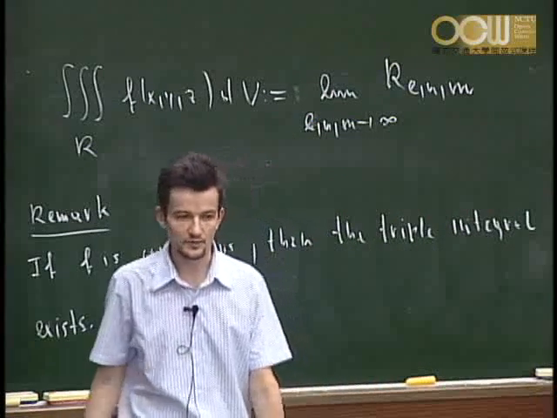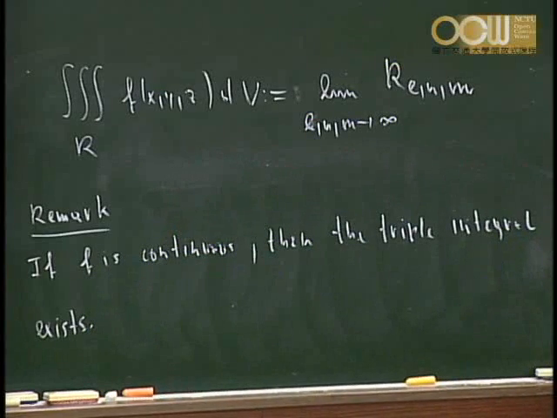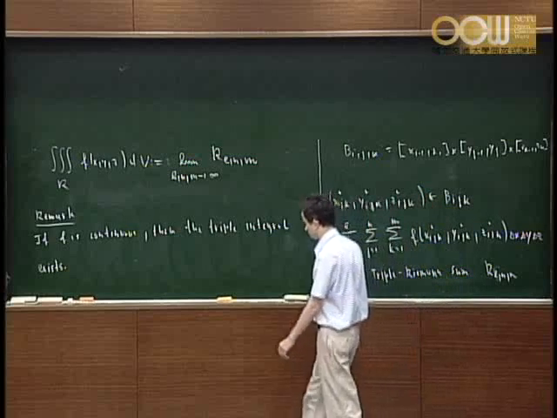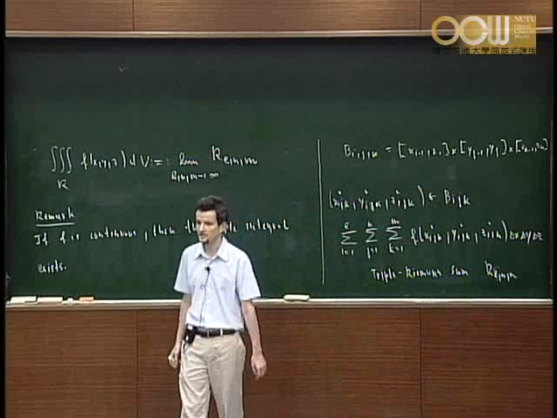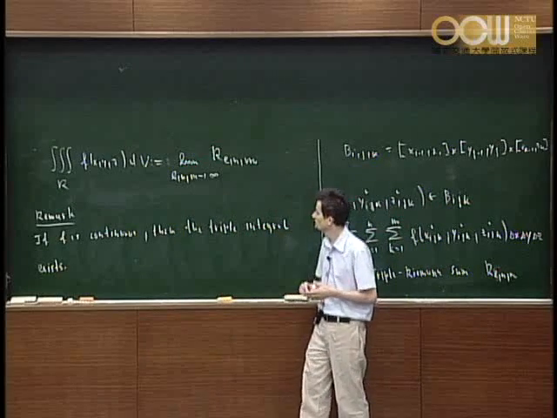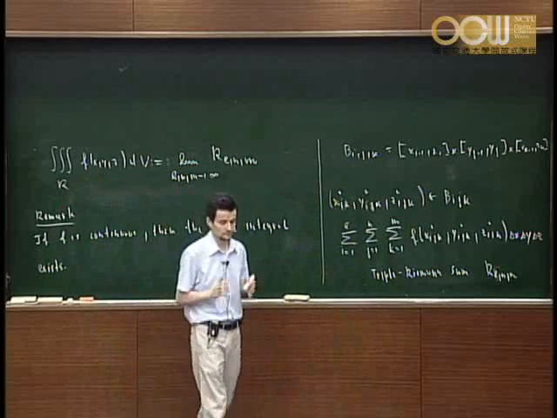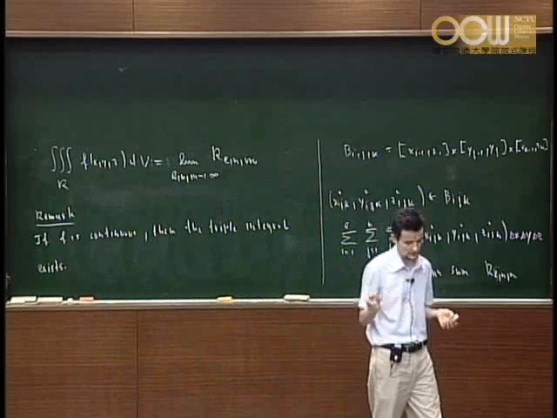And now the first problem which we want to solve, as for the double integral, is how to compute the triple integral. There is a theorem of Fubini also for triple integrals. So if f is a continuous function, then you can solve the triple integral by an iterated integral, where you have three integrals now, because you have to go over x, over y, over z.